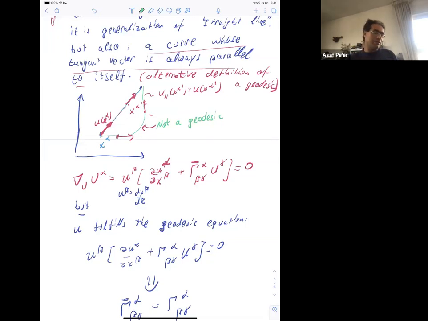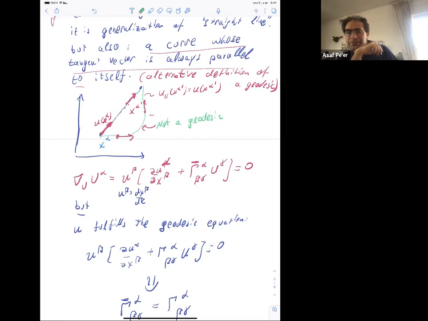The same way as we said, okay, this is the path of shortest time, the shortest time it takes to reach from point A to point B. So another way of saying this is the path that if I take the tangent vector to the curve at each point, it's always going to be parallel to itself. An airplane flies straight, it's not doing rounds.